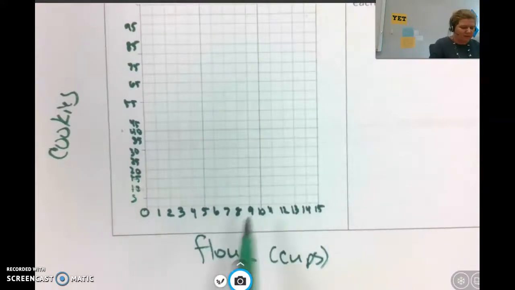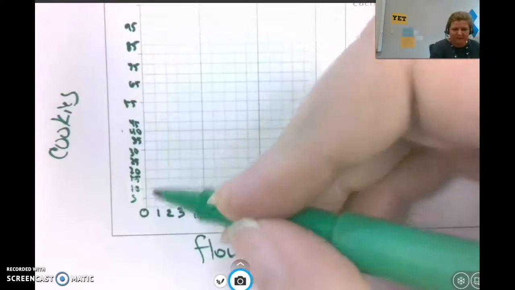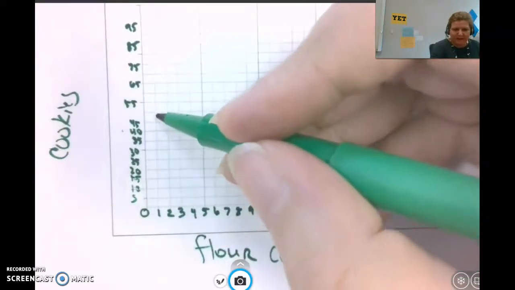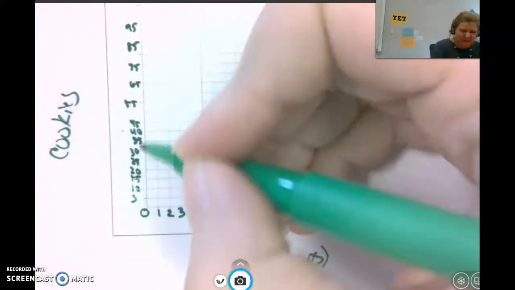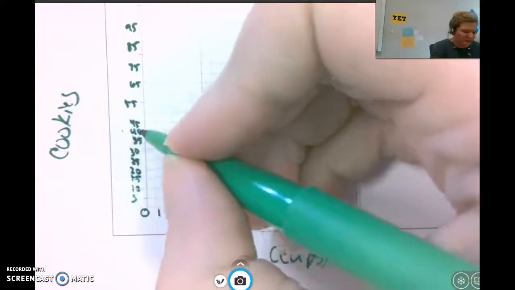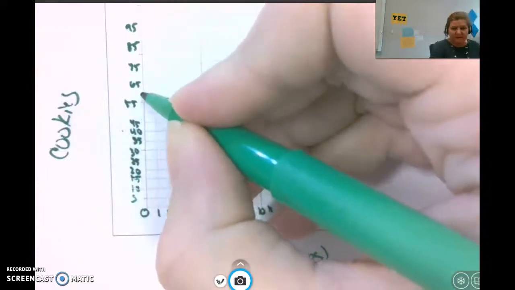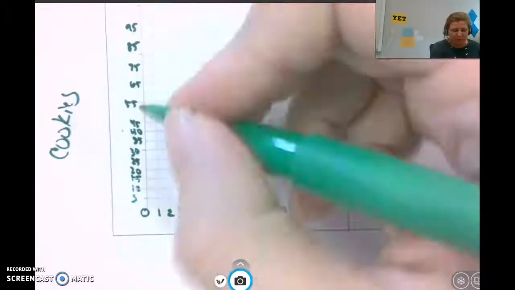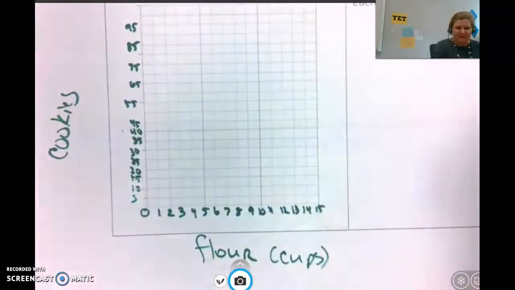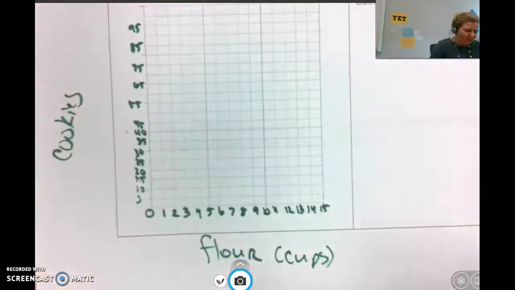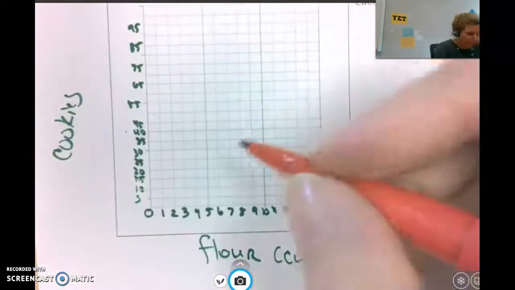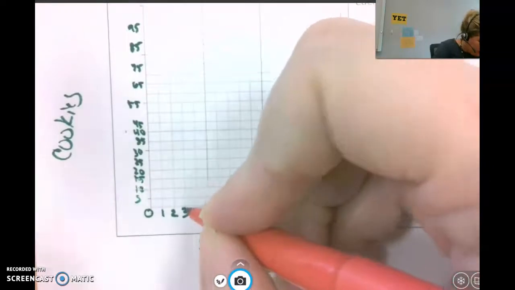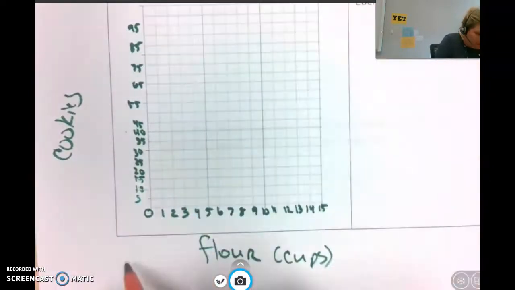Okay, so I labeled my x-axis by 1s and my y-axis I decided to label by 5s, and then at some point it was getting a little junky, so instead of writing 50, 55, 60, 65, I just started writing the number on every other one. So my points, the first point from my table was (3, 48).